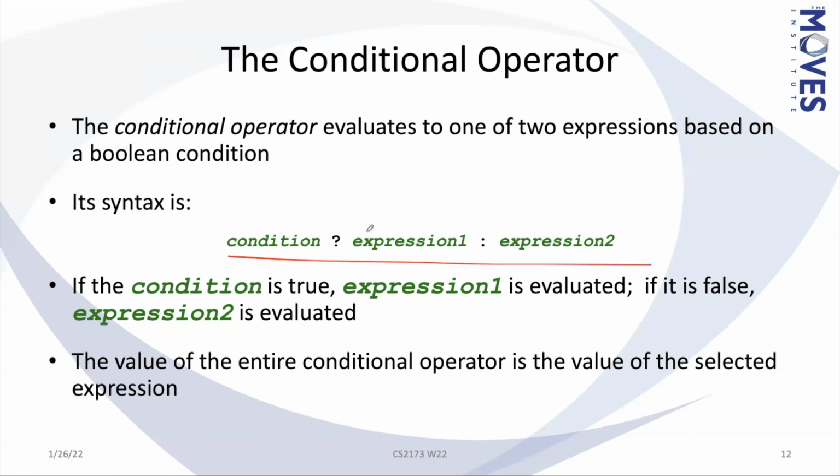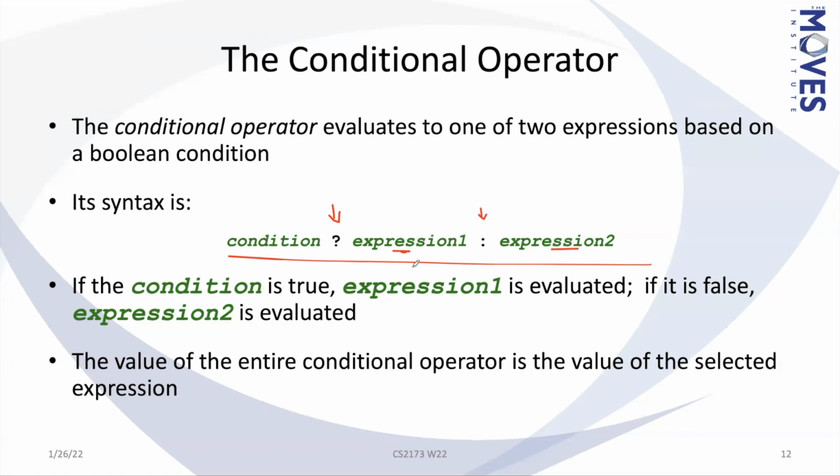So the syntax is I have a Boolean condition, and the condition is just any expression which evaluates to true or false, any Boolean expression, and then the question mark. So if it's true, then I get this, followed by a colon, and if it's false, I use the expression.